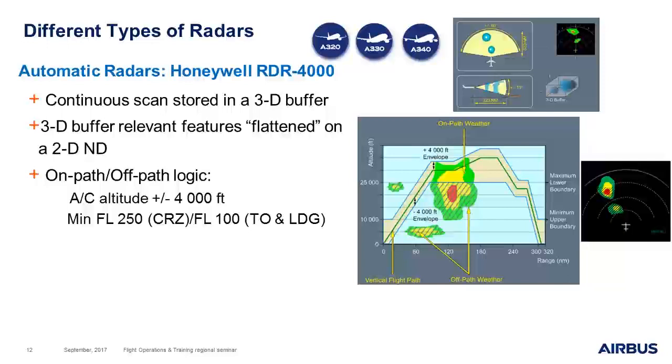It means that all the weather that is located at aircraft altitude plus or minus 4,000 feet, with a minimum of flight level 250 in cruise and 100 in takeoff and landing, is considered as on-pass. The weather that is outside this path is considered as off-pass, and so is displayed hatched on the ND.